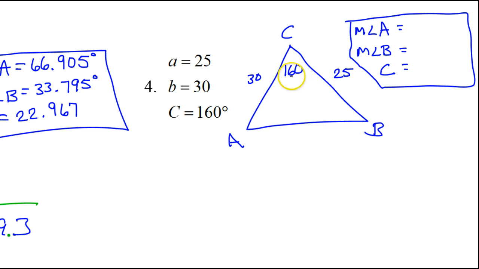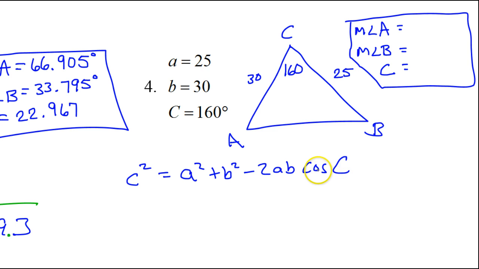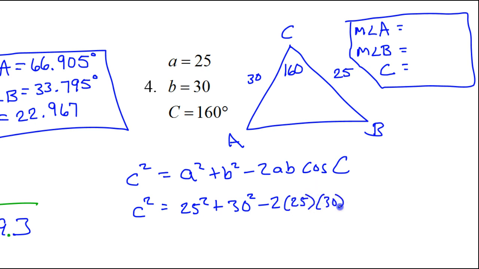So since they gave us angle C, let us start with the version of the law of cosines that starts out c squared. So c squared is equal to a squared plus b squared minus 2ab cosine of angle C. Okay, so that means that c squared is equal to 25 squared plus 30 squared minus 2 times 25 times 30 cosine of 160.